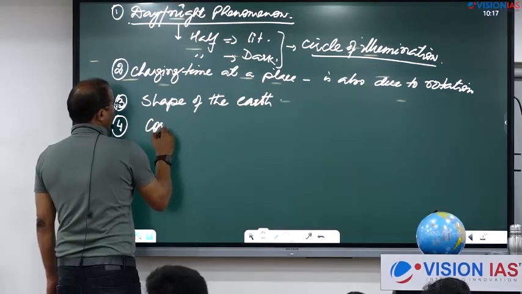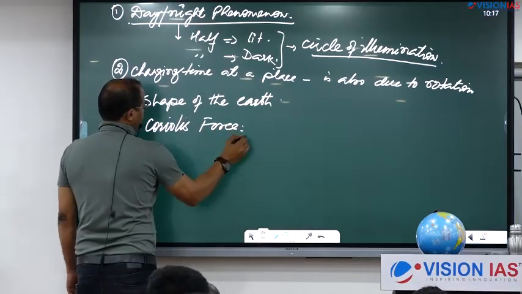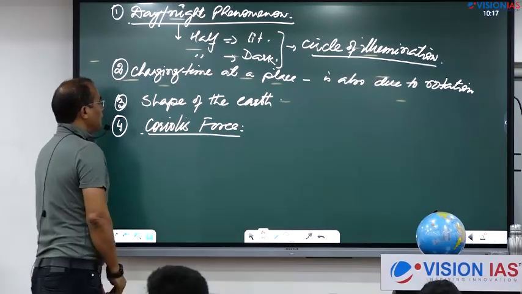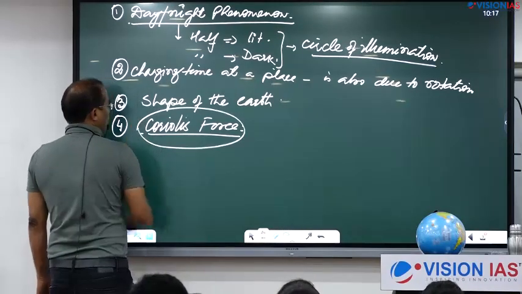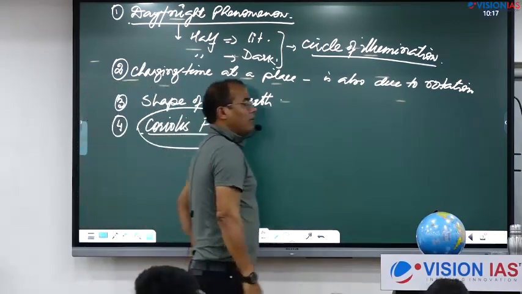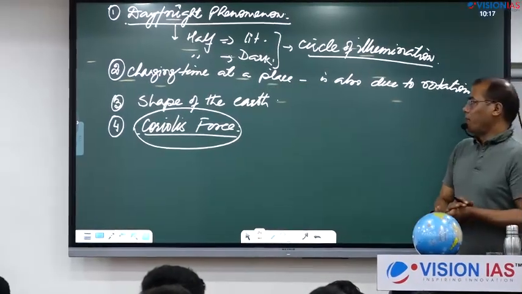Then one of the most important aspects is Coriolis force. Coriolis force is due to rotation, especially the variation in the speed. Write down.